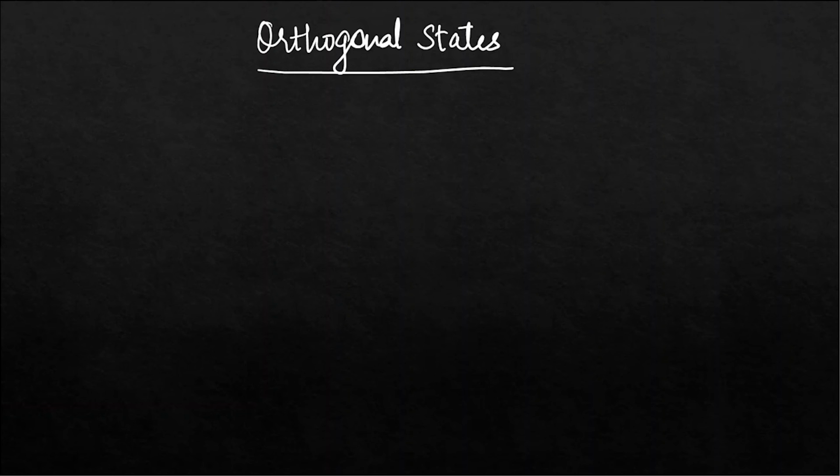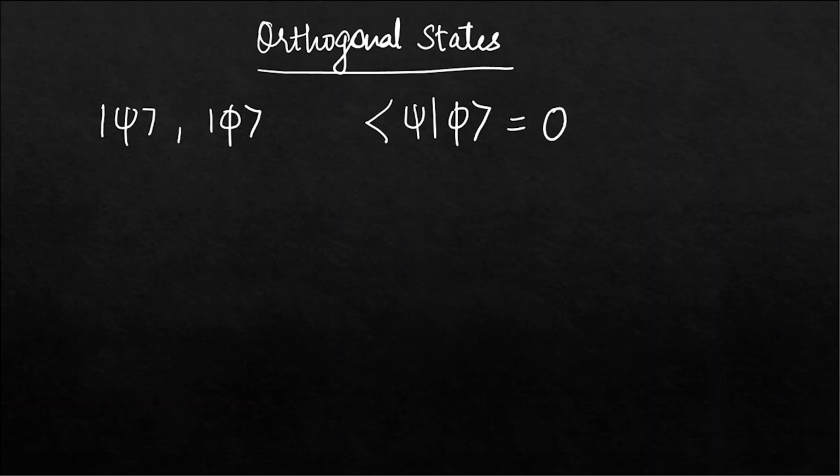So moving to our next slide, what are orthogonal states? If we have two kets, phi and psi, if they are orthogonal, then the scalar product of phi and psi vanishes.